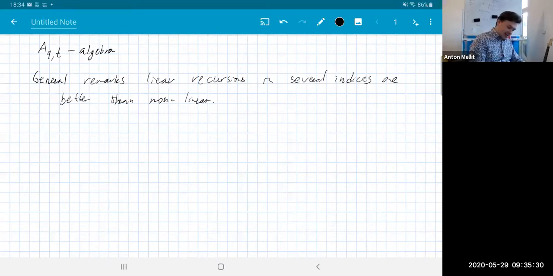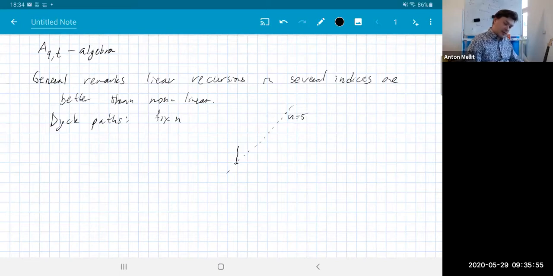So for example, let's consider the set of Dyck paths. What is a Dyck path? You fix n, and you consider this kind of staircase path. There is a diagonal here. This is the case n equals 5.